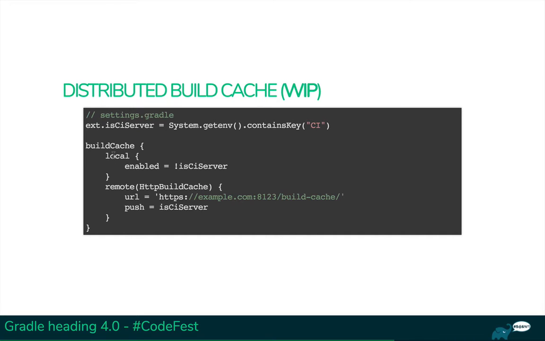You can say, okay, I have a local cache enabled if I'm not CI, but I can have a remote build cache. I provide the URL and say, do I push to that cache or do I just resolve from that cache? Here, for example, we say the CI server is the one who's allowed to push in that cache.